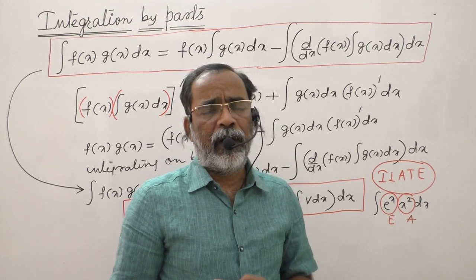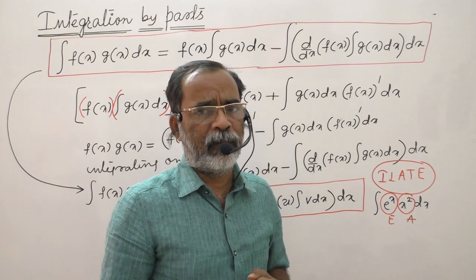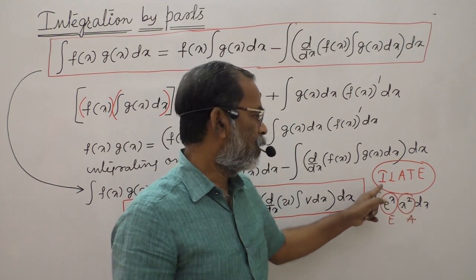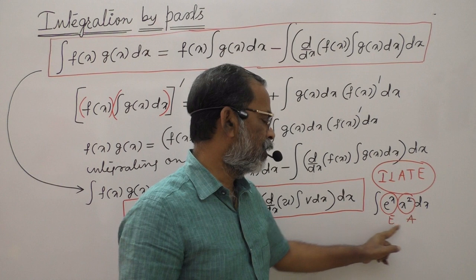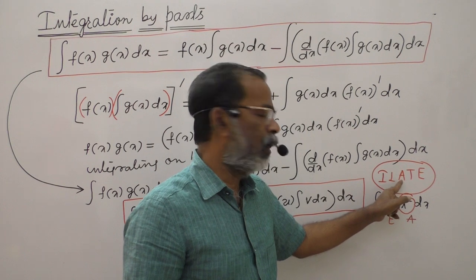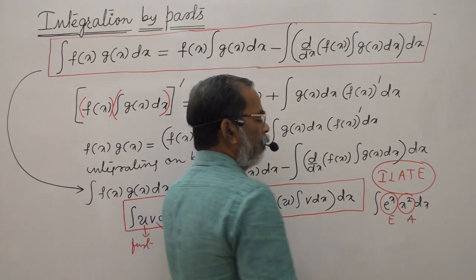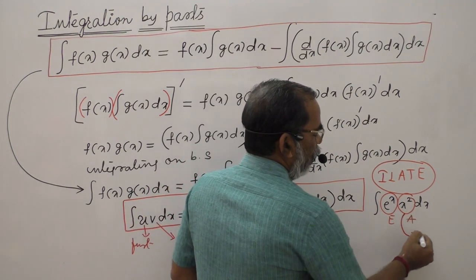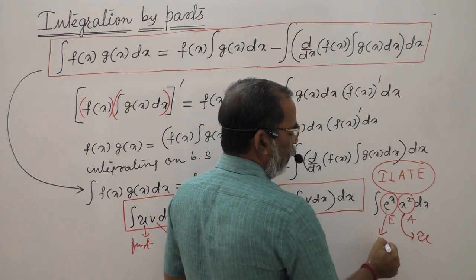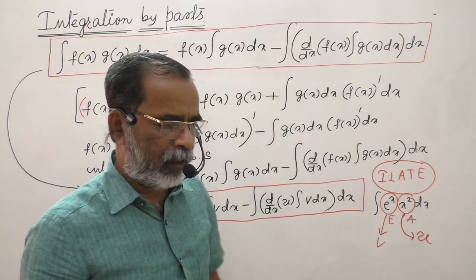To apply it, we need to select the first and second functions. What is the rule using this phrase? First preference is I. Which functions are there? A and E. Which comes first from left to right? The algebraic function comes first, so this should be the first function u. The remaining exponential function can be taken as v. Then you proceed by this rule and you will get the integral.